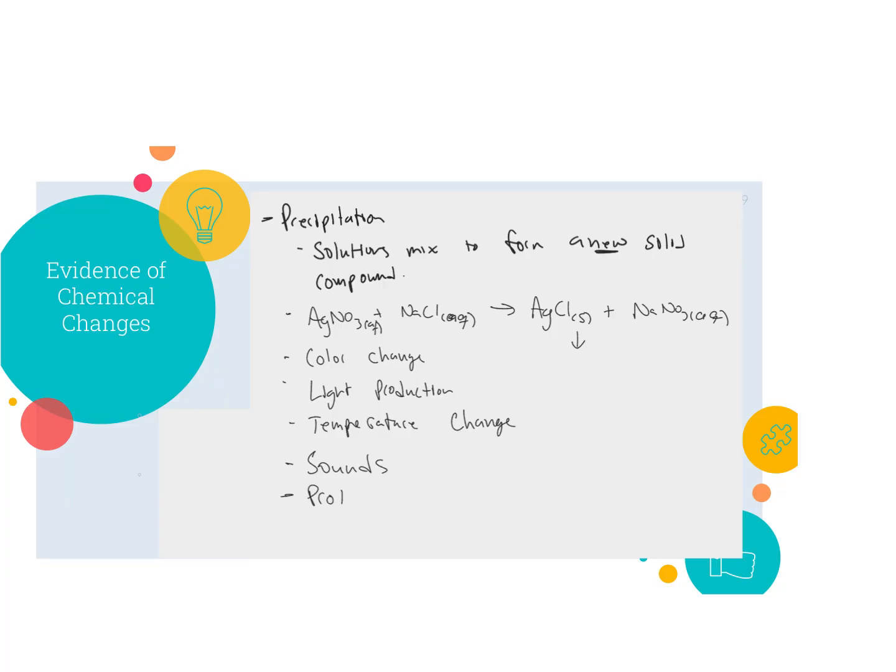Production of gas, not a change in state from liquid to gas, but a gas being produced, similar to precipitation where a solid is produced. And then formation of a substance with new properties.